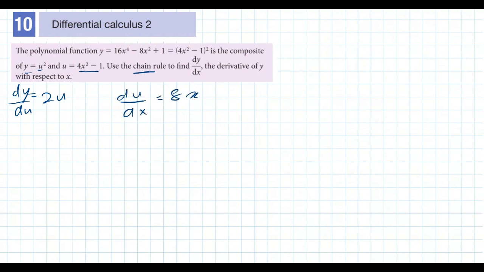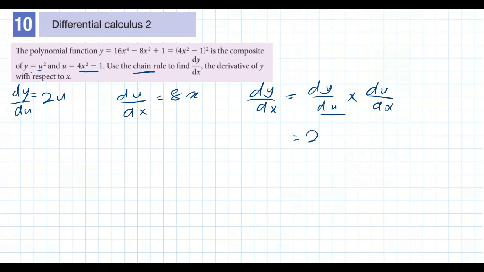Now, time to merge both of them together. dy over dx equals dy over du by du over dx. And instead of dy over du, we're gonna put 2u, then 2 times the value of u, which is 4x squared minus 1. And instead of du over dx, I'll put 8x.